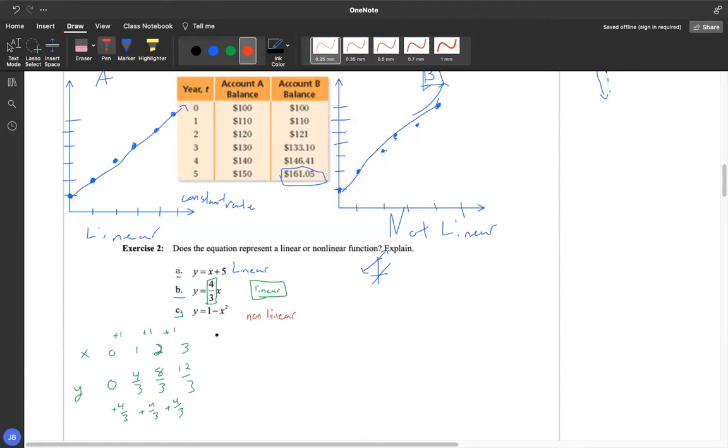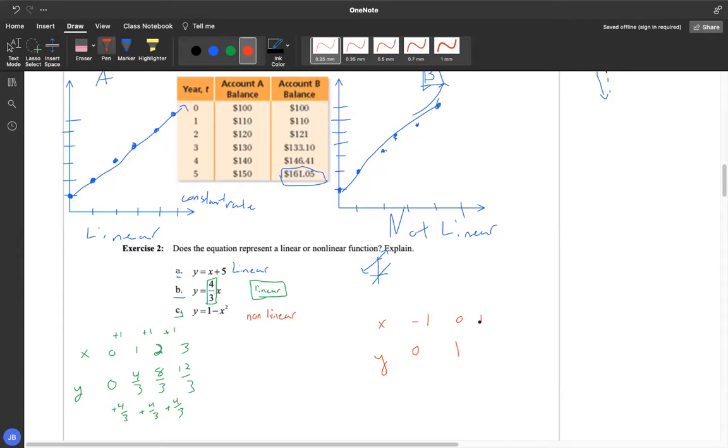Negative x plus 1. Okay, so if we did x being -1, 0, and 1, if x is -1, that would be -1 squared, which is 1, and 1 minus 1 is 0. If x is 0, y is 1.